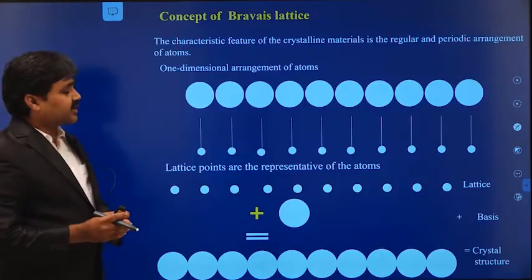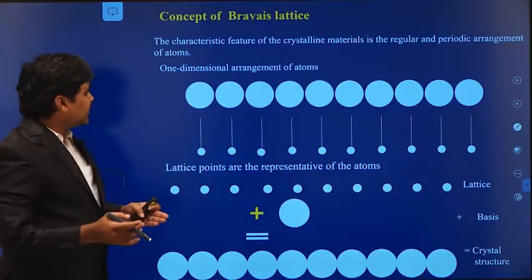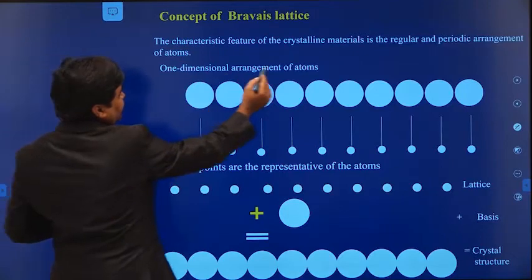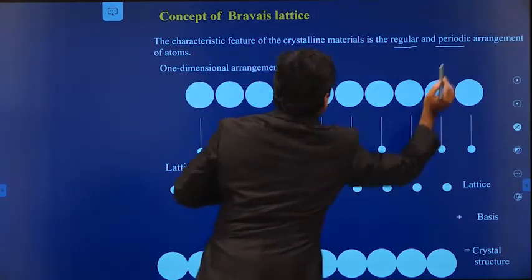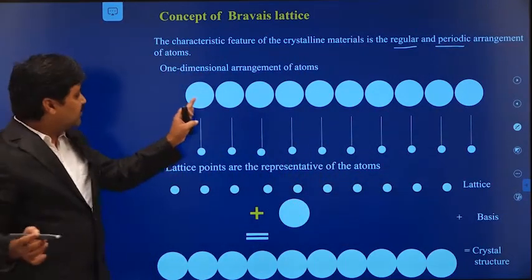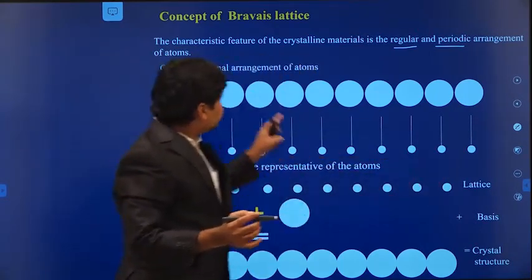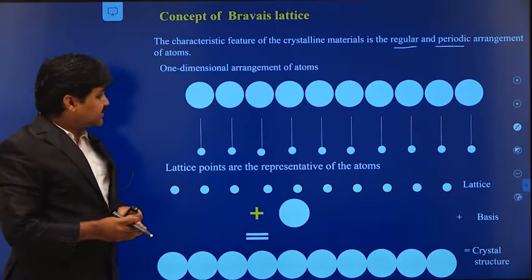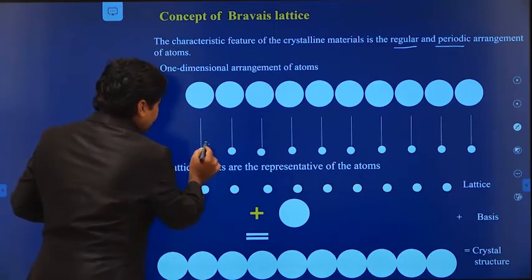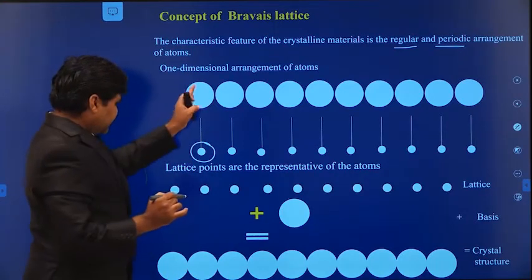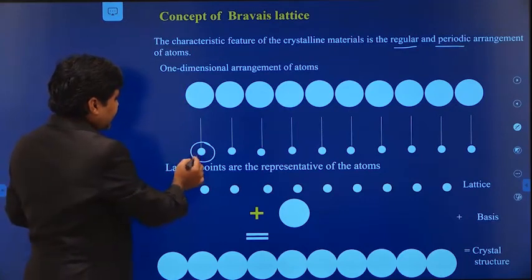Next, coming to the concept of the Bravais lattice. Crystal means a regular and periodic arrangement of atoms. Let us consider this is one crystal. Here we have the regular and periodic arrangement of atoms. In the Bravais lattice concept, assume that this is one lattice point that represents this atom, where the actual atom is located.